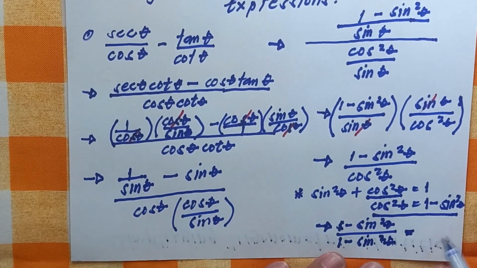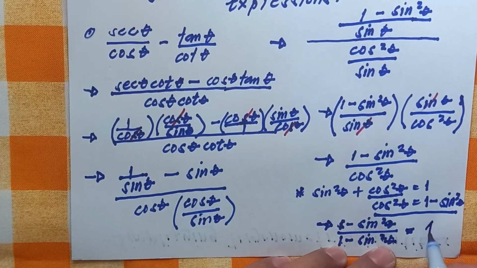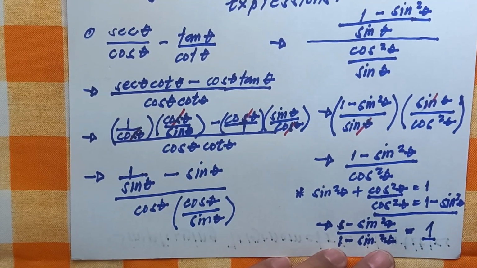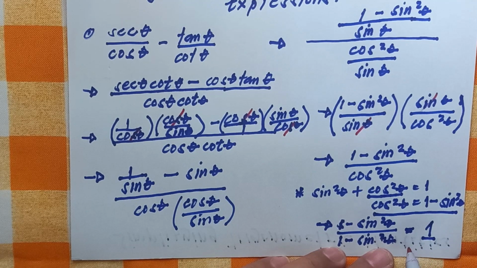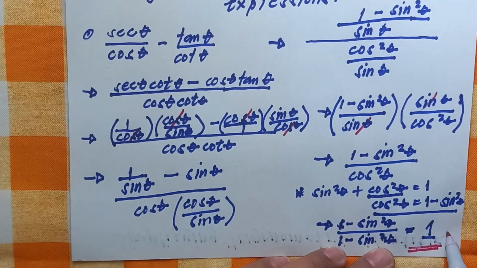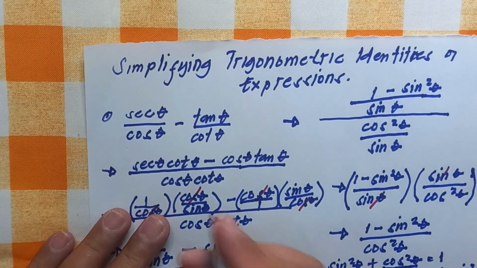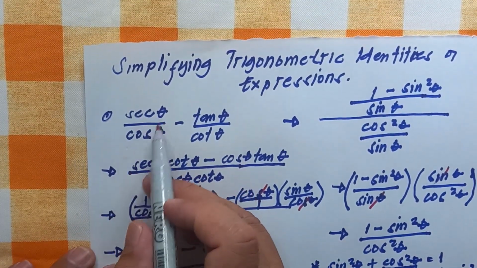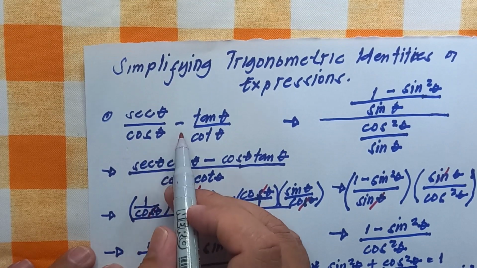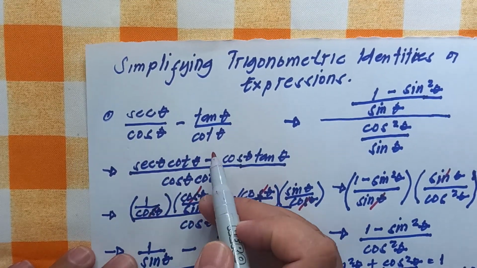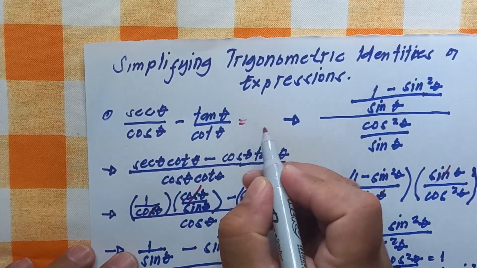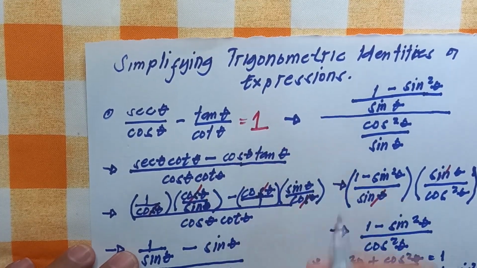So if we divide that one, it will give you a result of 1. So the final answer is the same as 1. So the result of secant theta over cosine theta minus tangent theta over cotangent theta is actually equal to 1.